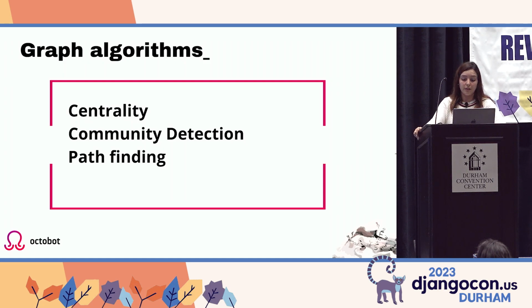Then we have path finding. It could be finding the path between 2 or more nodes, or evaluating if a path exists. And of course, we can use more than one of these algorithms together, so that's kind of interesting and gives us more insights about our database.